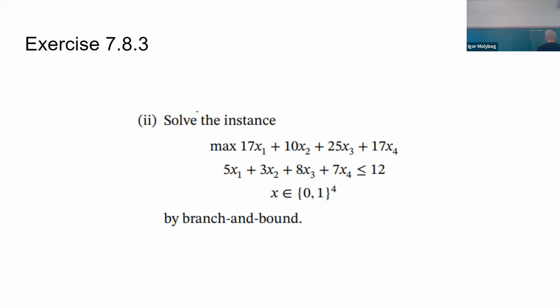Then you would branch on the first component into two nodes. One node would correspond to x1 being equal to 0, and that node also would be branched into 2 according to x4, and only that node would be the final one.